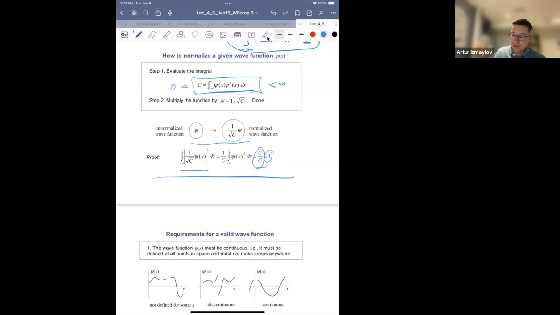And it cannot be negative simply because the function that we're integrating is an absolute square, right? And we know that an absolute square is positive, so that integral should always be positive. Any questions so far?